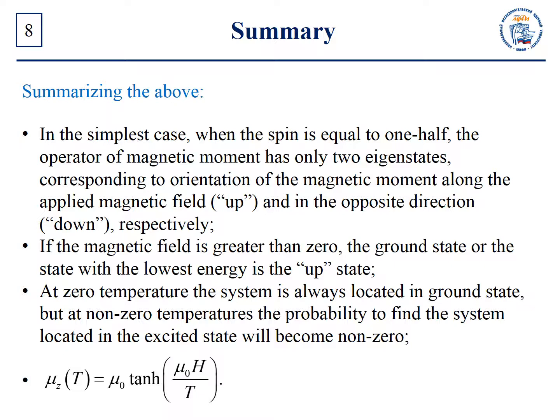And if the magnetic field is greater than 0, the ground state, or the state with the lowest energy, is the up state. At 0 temperature, the system is always located in ground state, but at non-zero temperatures, the probability to find the system located in the excited state will become non-zero.